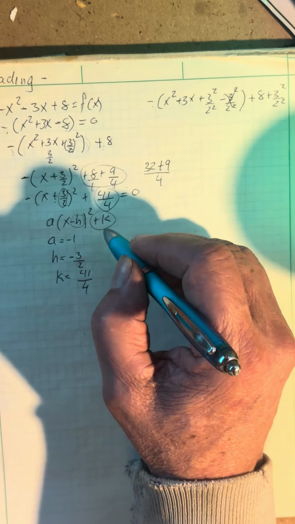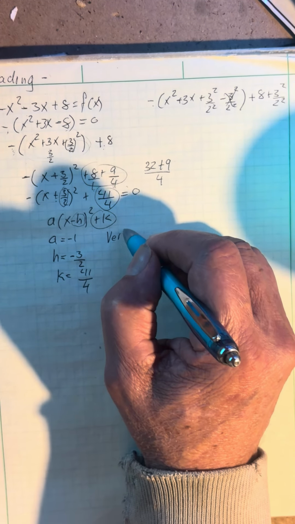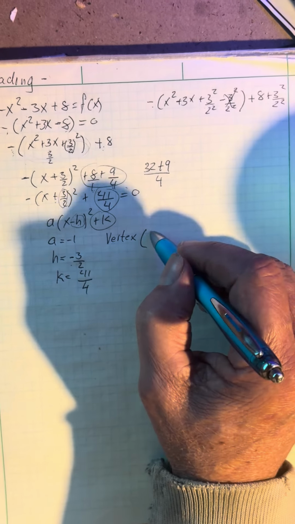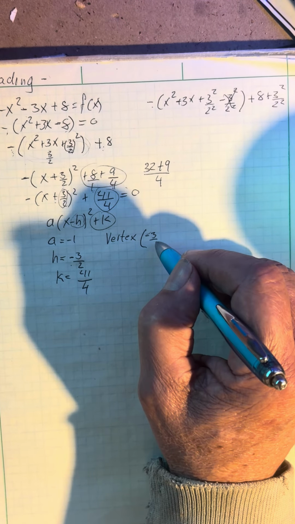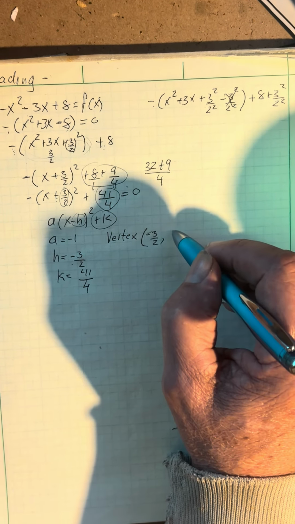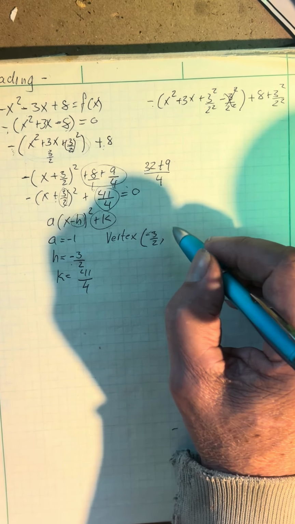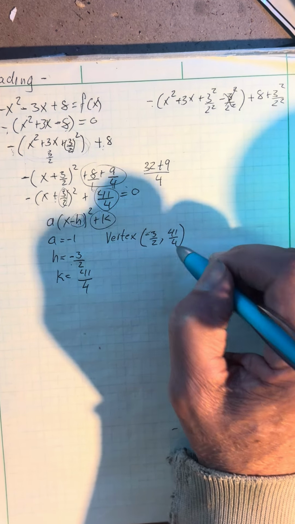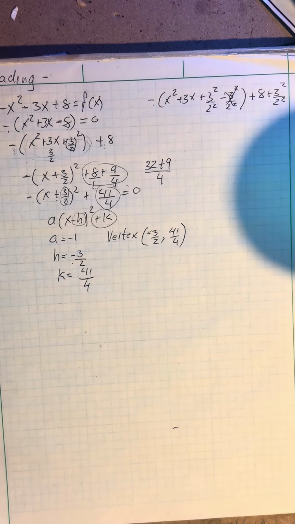So our vertex is minus 3 halves, and the y value of the vertex is 41/4. What else do we need?